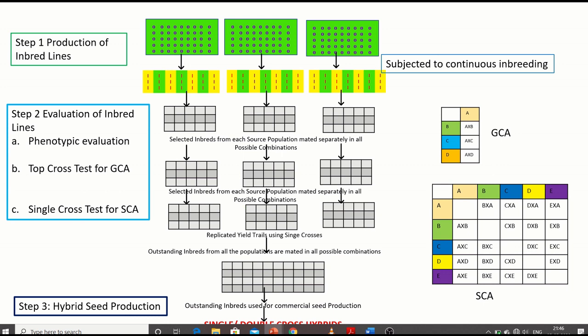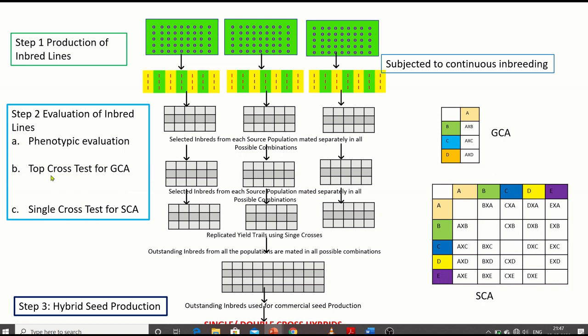And what you have to remember here is, for F1 hybrid seed production program, estimation of both GCA and SCA is required, while in case of synthetic variety production program, we need only GCA evaluation of the component lines.